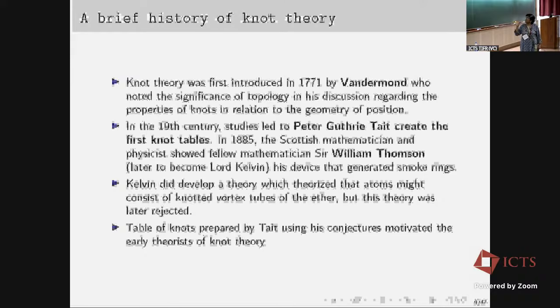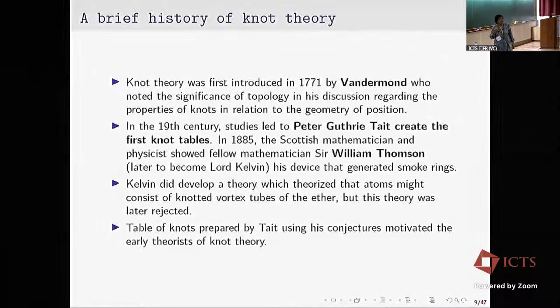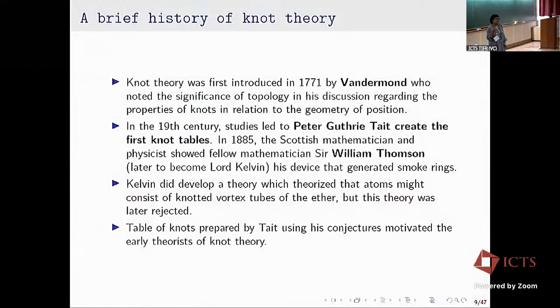The most popular thing came when there was a theory of the atom. The physicists, like Lord Kelvin, were trying to study what the periodic table is right now. In that era, when they were trying to make a periodic table, it was proposed that every atom is made of some knotted tube of ether.